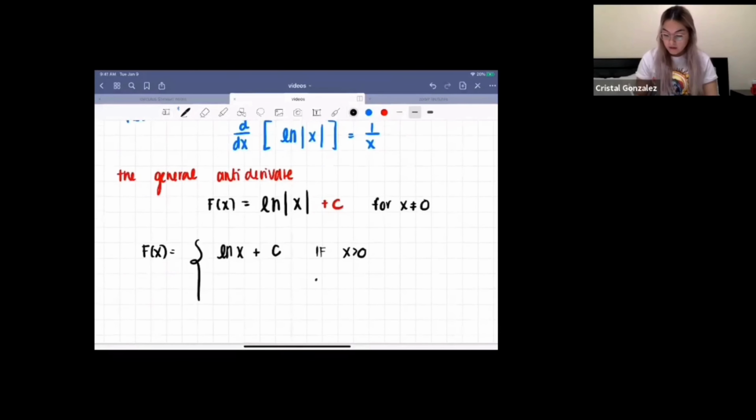But if x is less than 0, we have to do something to the ln function so that it is no longer negative. So we'll put a negative x. That way, if we ever plug in a negative value into here, it'll cancel out with that negative, and then we'll just be left with the positive. And we can't forget this plus c. Now, here, I'm actually going to do something a little bit different.